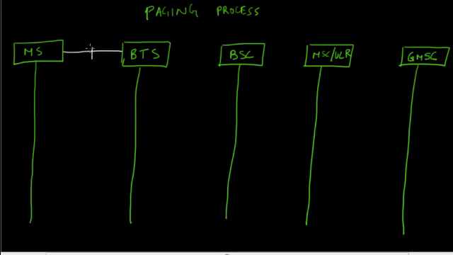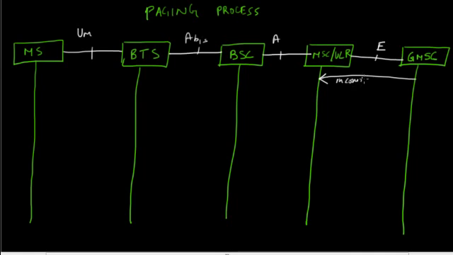Between MS and BTS is the Um interface, BTS and BSC is the A-bis interface, BSC and the MSC is the A interface, and this is the E interface.